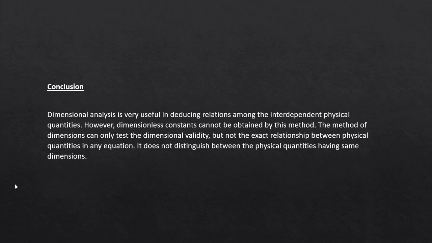However, the dimensionless constants cannot be obtained by this method. The method of dimensions can only test the dimensional validity, but not the exact relationship between physical quantities in any equation. It does not distinguish between physical quantities having the same dimensions. So this is the last slide of this video.